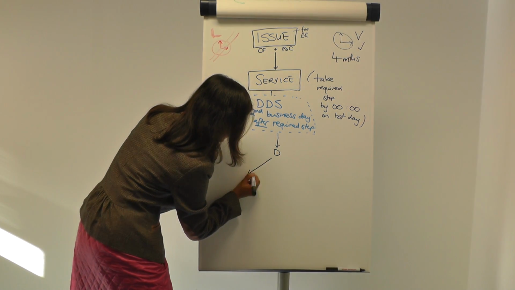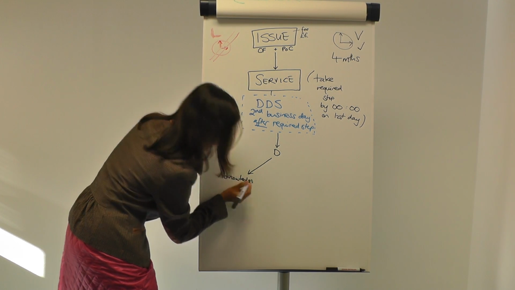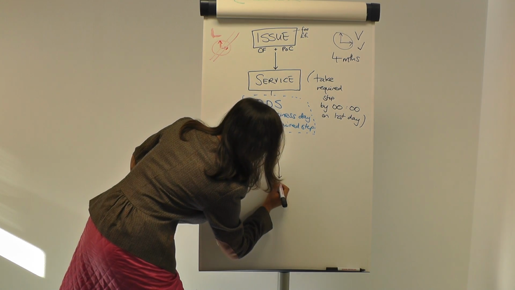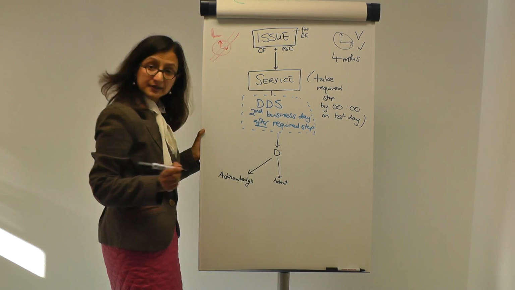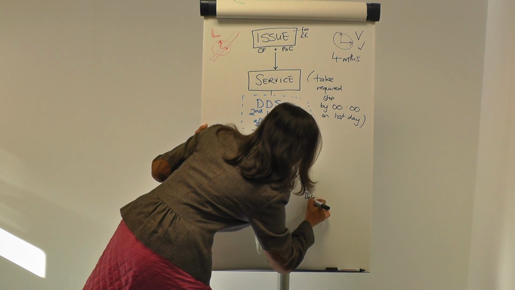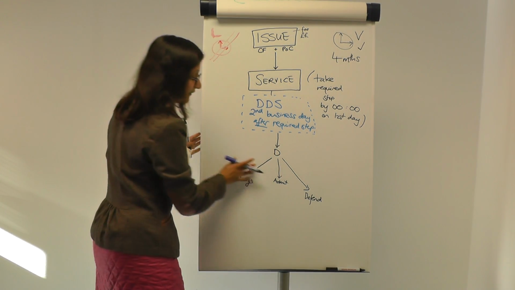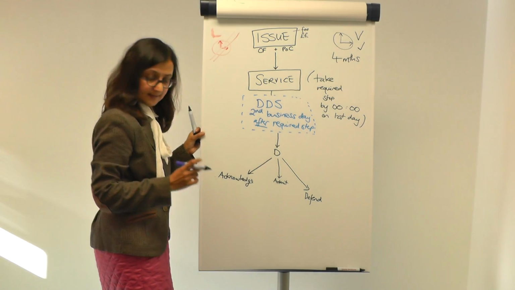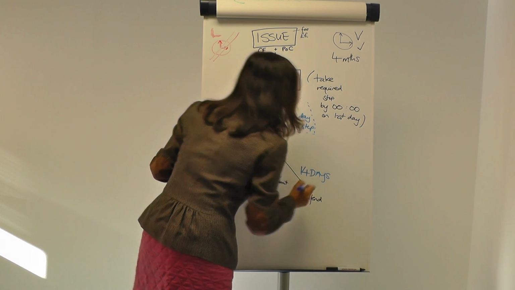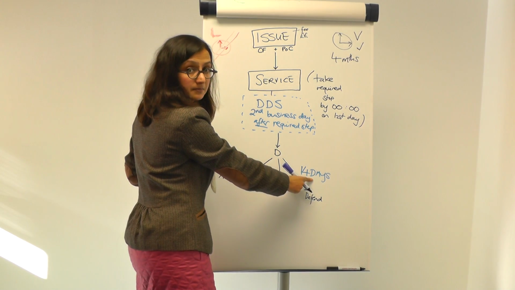They can either acknowledge, or they can admit, or they can defend. And whatever of these choices they decide to do, they have 14 days from the deemed date of service to do that.